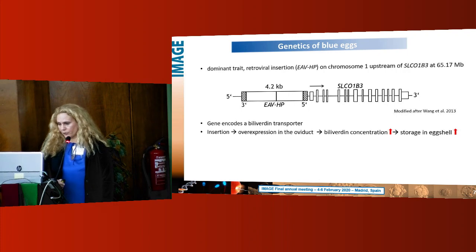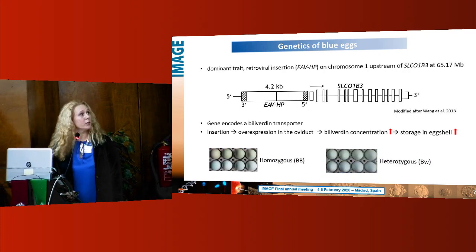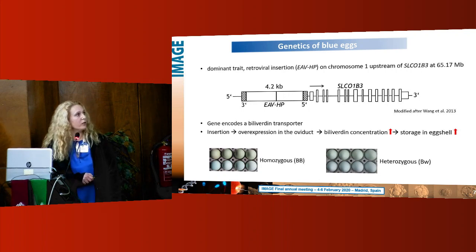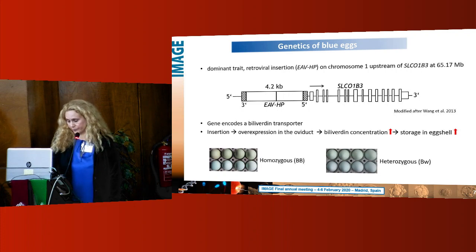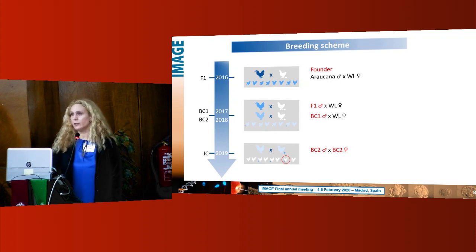A dosage effect was observed for this mutation, and we see that on the left, the eggs of homozygous hens are more intensely colored than the eggs of heterozygous hens on the right. This is the breeding scheme of our case study.